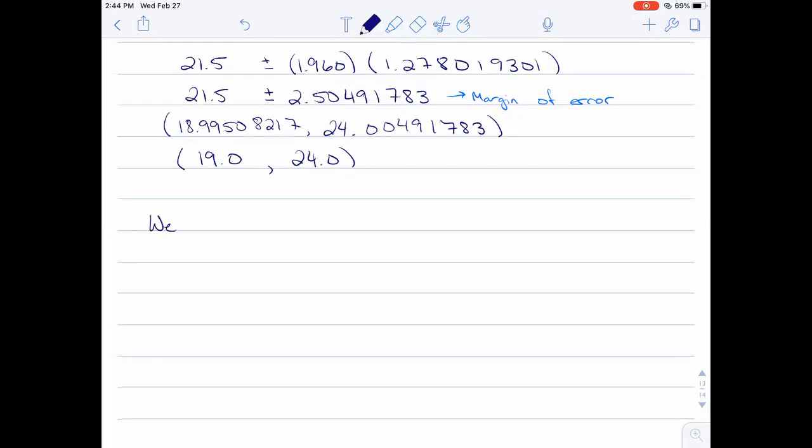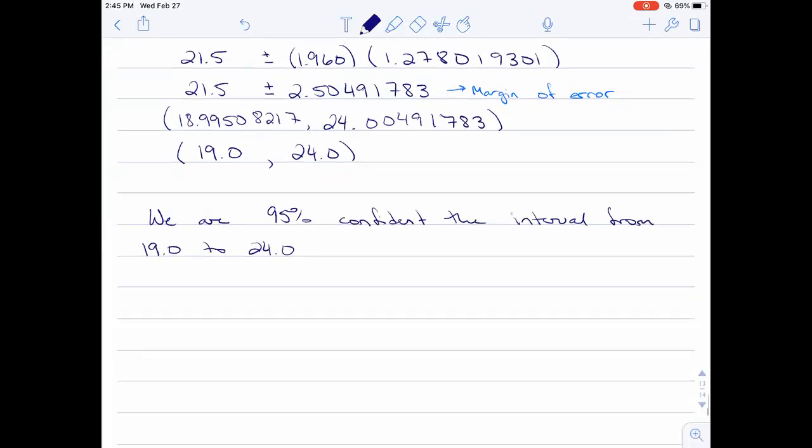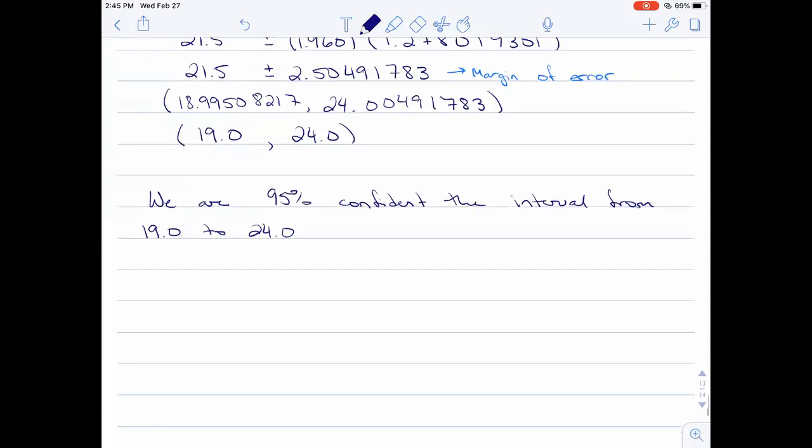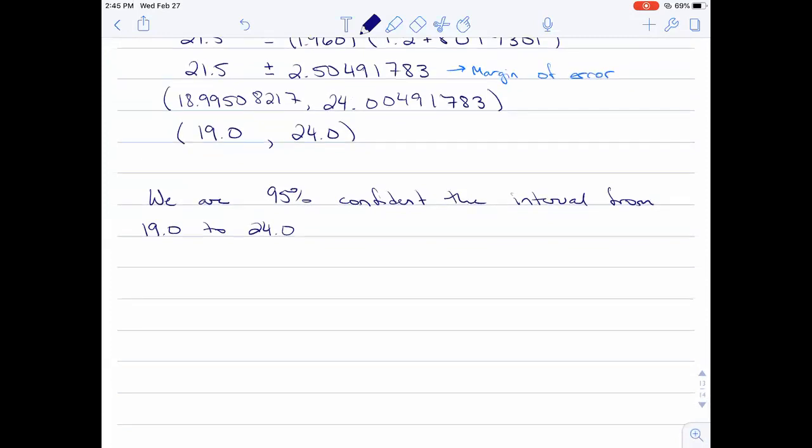We built a 95% confidence interval, so we're 95% confident the interval from 19.0 to 24.0 captures the population mean, where is it?